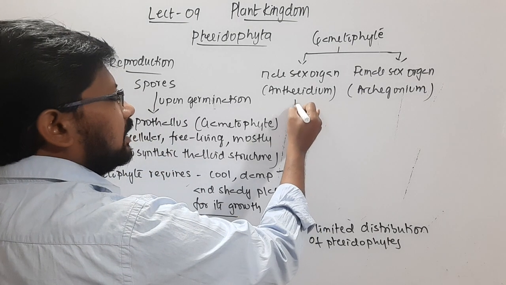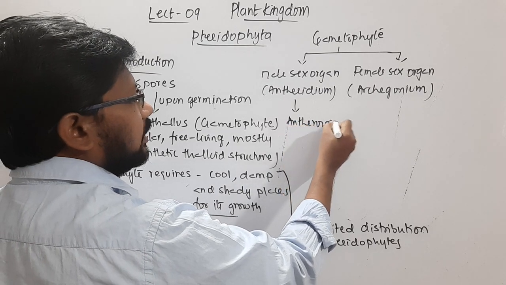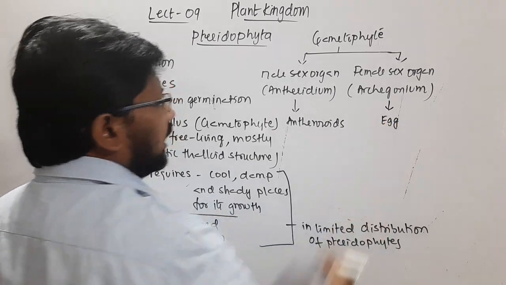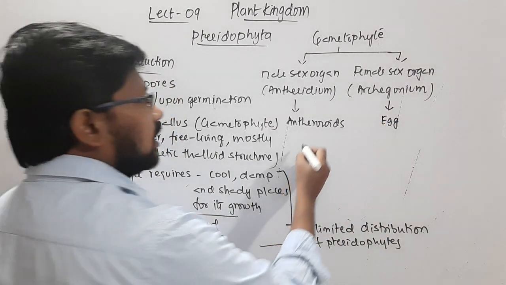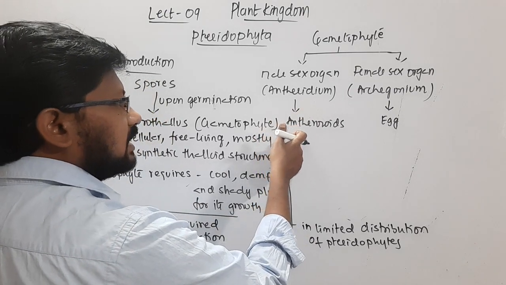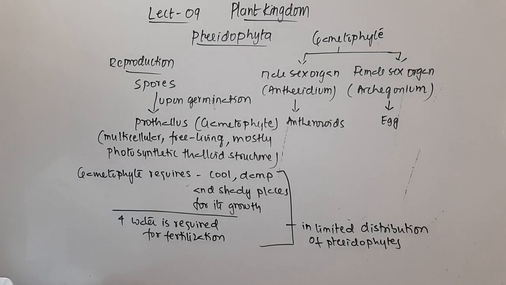We know the antheridium produces anthrozoids, whereas the archegonium produces the egg. Water is required for the transportation of the anthrozoid to the egg. So water is required for fertilization.